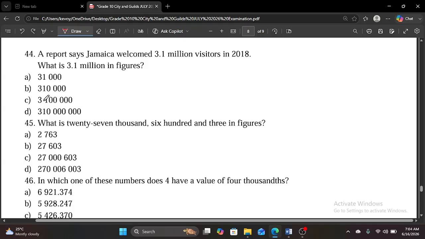So that's going to be 3 million, and the one that comes afterwards will be this one right here. So $3.1 million is $3,100,000, the same thing as $3.1 million. So remember that million has 7 figures. That's what you need to remember.